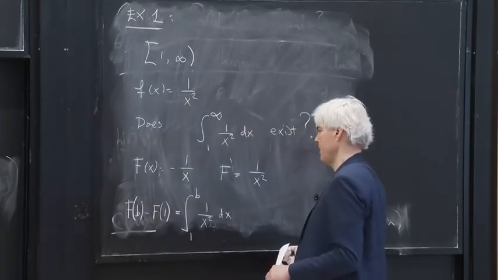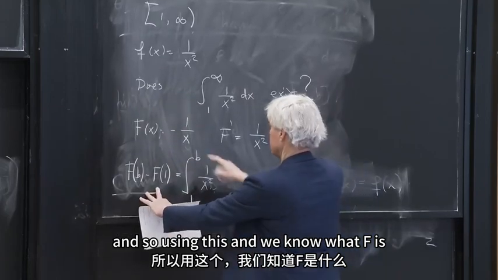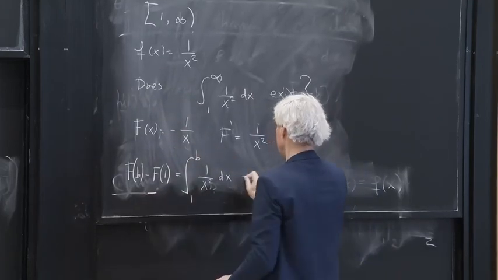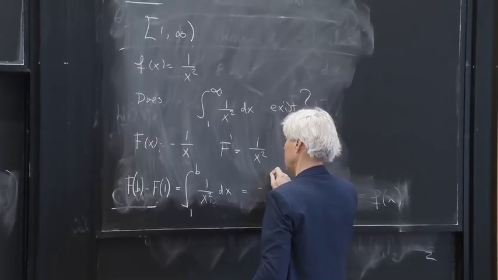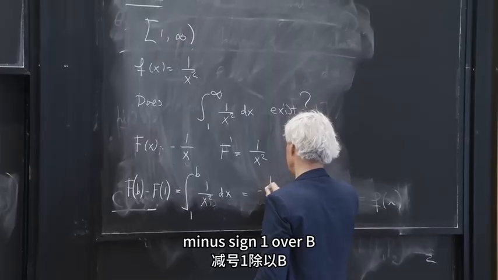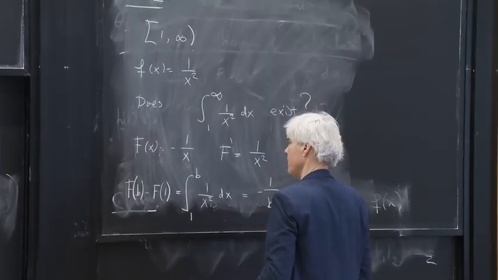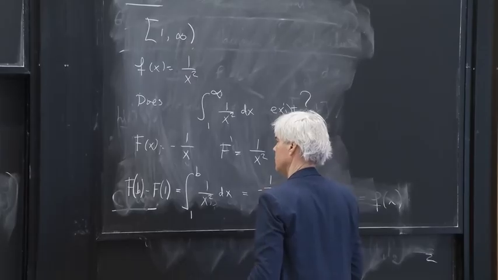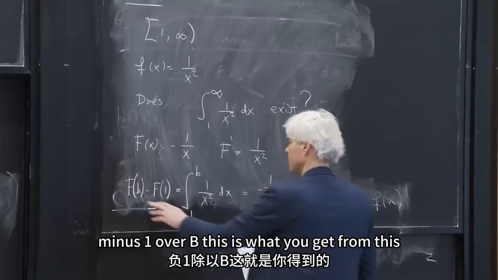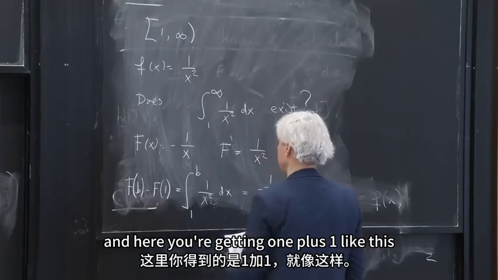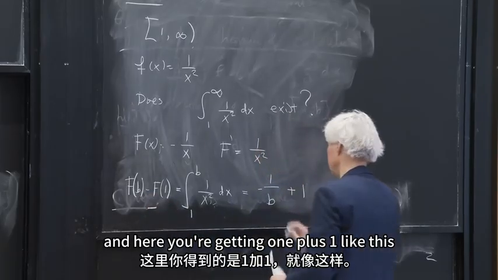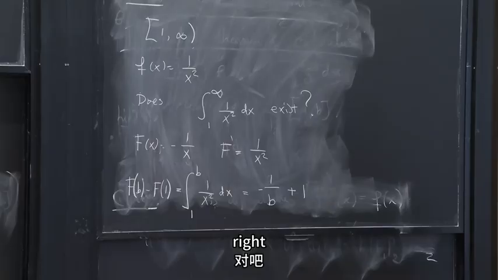And we know what f is, so this is minus 1 over b, plus 1.